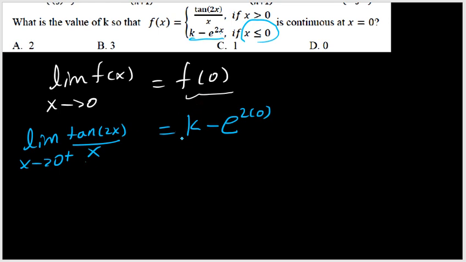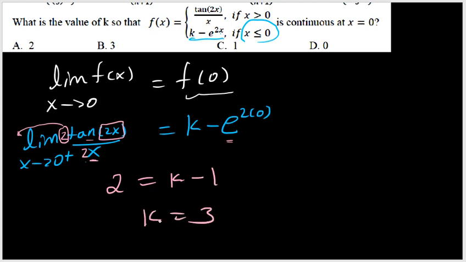Here tan of 2x, so the bottom must also be 2x, but it is x, so I multiply by 2 here and also by 2 outside. The coefficient can be taken as a constant, and tan 2x over 2x as x goes to 0 is 1. So 1 times the constant 2 remains, which equals k minus 1, since e to the power of 0 is 1. Then when we reshuffle, we get k equals 3.